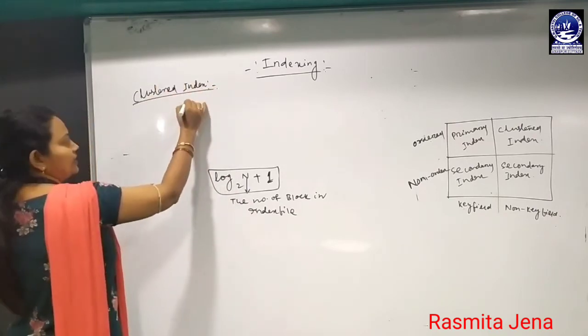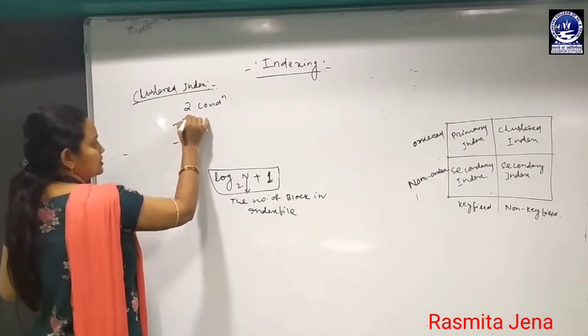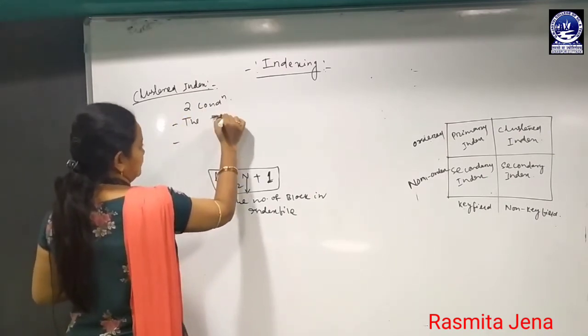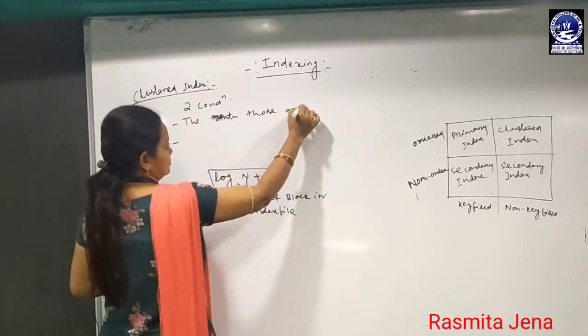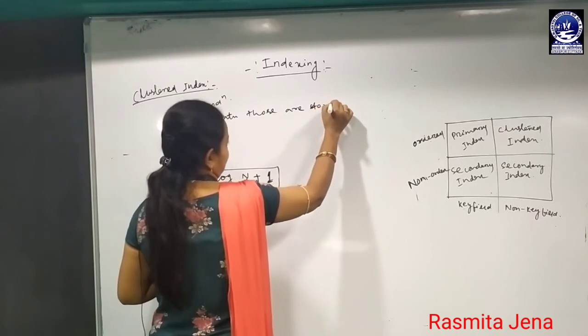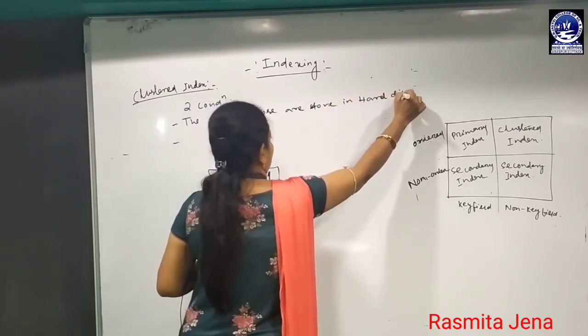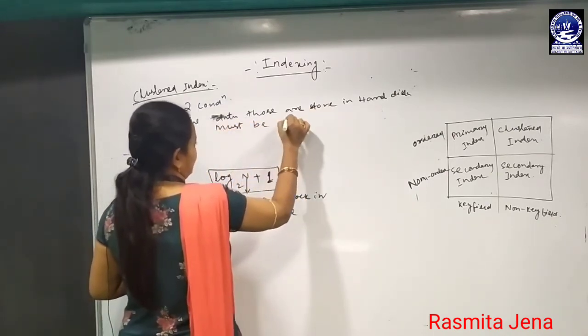In clustering index, it requires two conditions. The first condition is the records or data that are stored in the hard disk must be ordered.